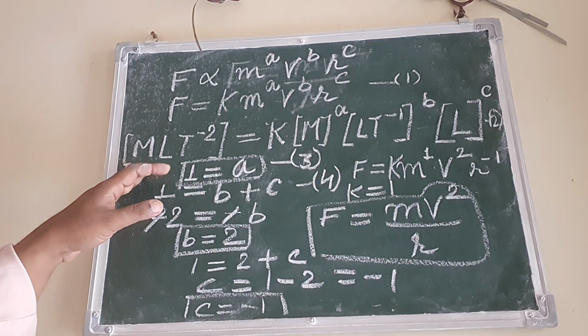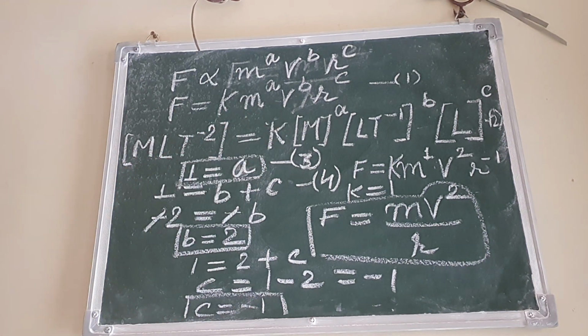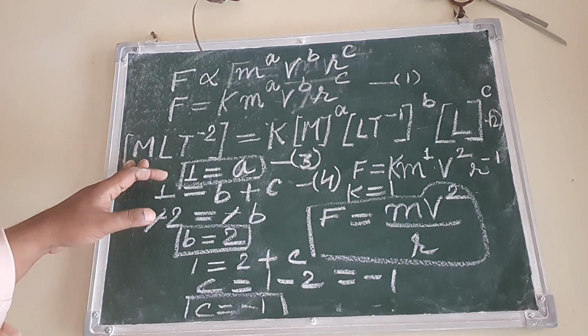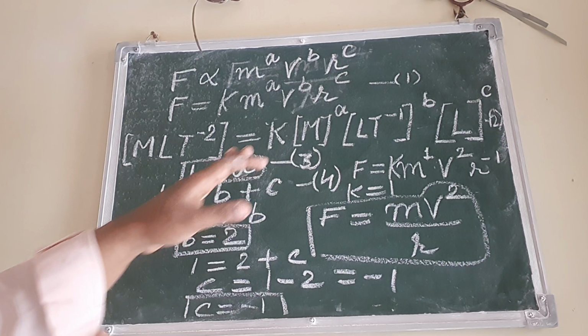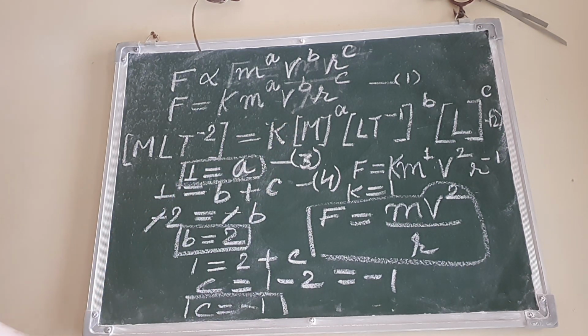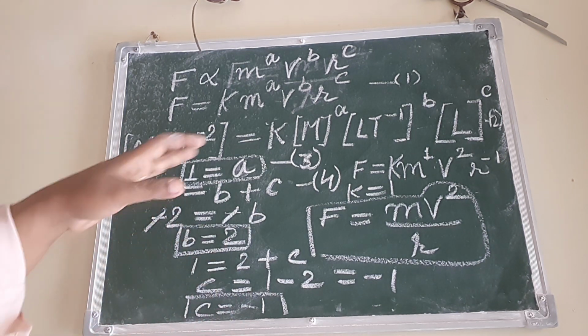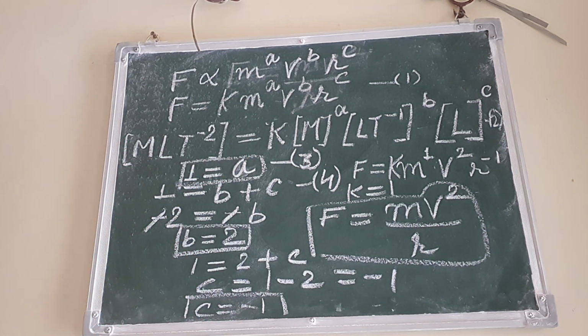Now we are comparing the dimensions of M, L, and T on both sides. Comparing the dimensions of M, on the left hand side it is 1, on the right hand side it is a. So 1 is equal to a, or in other words, a is equal to 1. The value of the constant a is 1. Now comparing the dimensions of L on both sides.